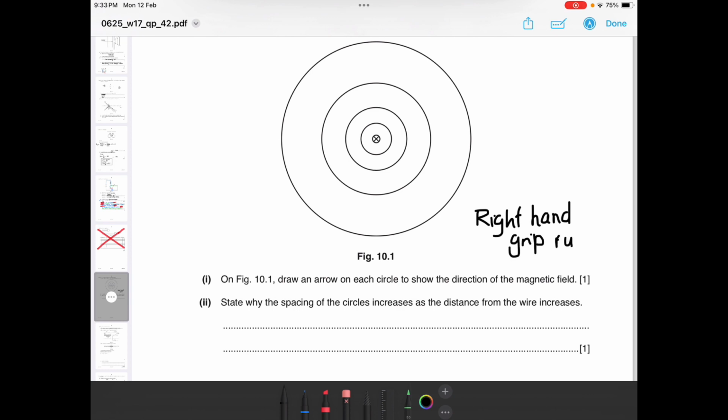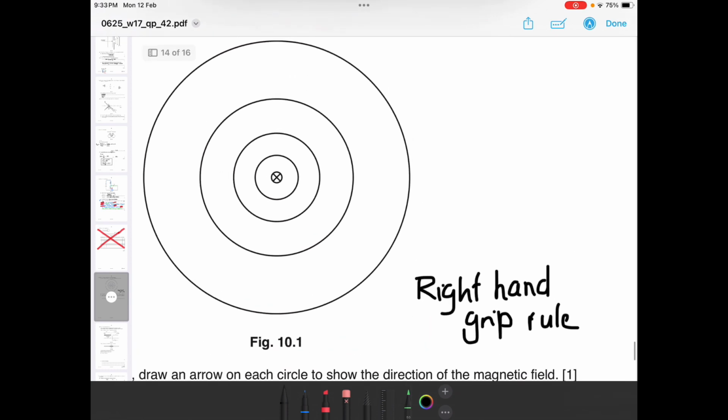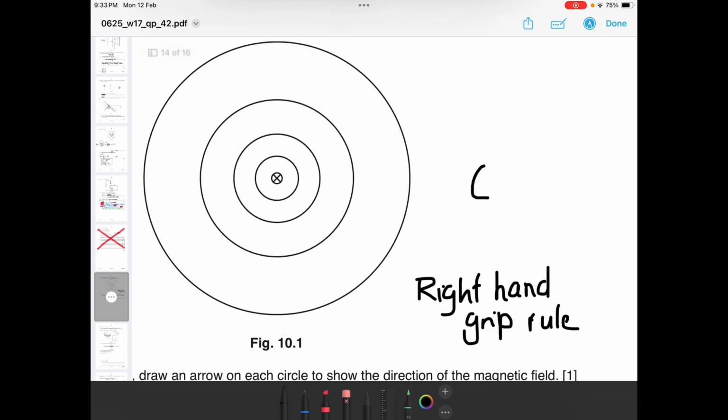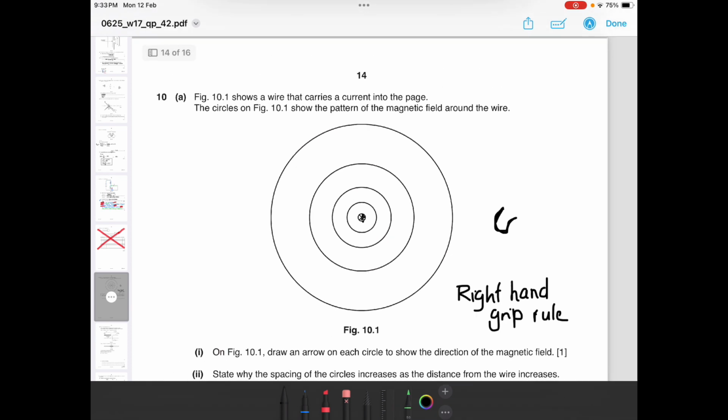And obviously I cannot really show how to do it. I can represent, so imagine this is your thumb, okay? It goes into the page. So put your thumb on the table, close your fist, and the direction in which your 4 other fingers point to, that's the direction of the magnetic field.